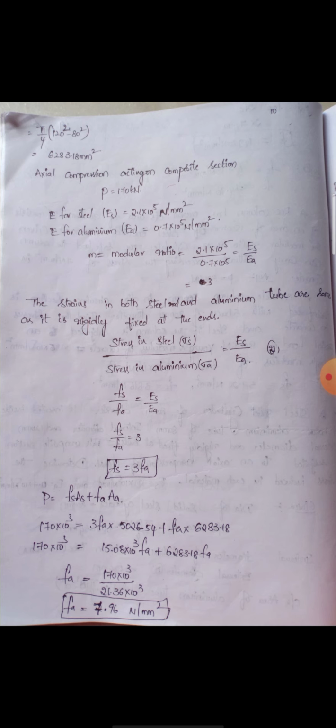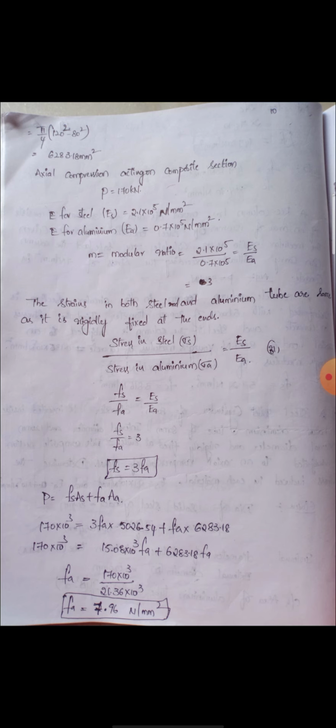So pi by 4 into 120 whole square minus 80 whole square. After calculation, the area of aluminium is 6283.18 mm square. So this is the cross sectional area of the aluminium tube.